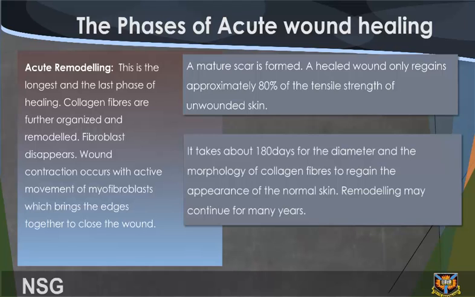A mature scar is formed. A healed wound only regains approximately 80% of the tensile strength of unwounded skin. It takes about 180 days for the diameter and the morphology of collagen fibers to regain the appearance of normal skin. Remodeling may continue for many years.